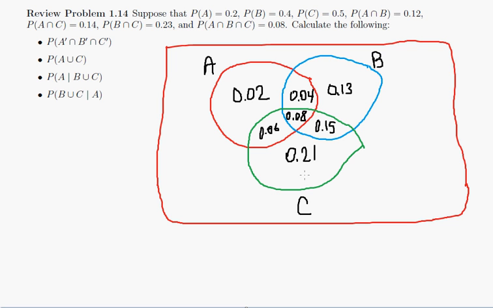Then at the bottom, 0.21 gives me a total of 0.69. And so 1 minus 0.69 is 0.31. And that is the area, or the probability outside. And so the first answer is going to be 0.31.